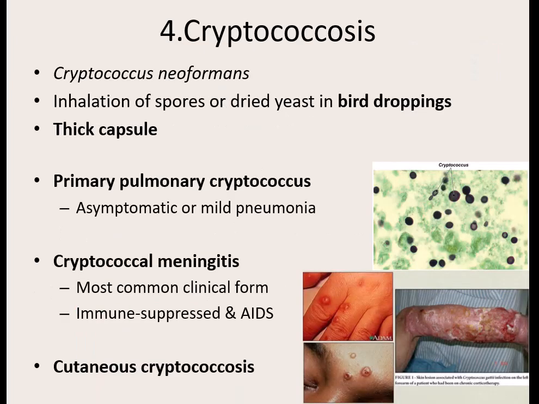And our fourth of our opportunistic pathogens is the Cryptococcus neoformans. This is picked up by breathing in the dried yeast, so the spores, that are usually strictly in bird droppings. So it's not just in the soil, but they have to be recently defecated in the bird droppings.